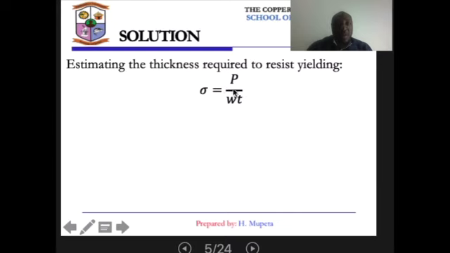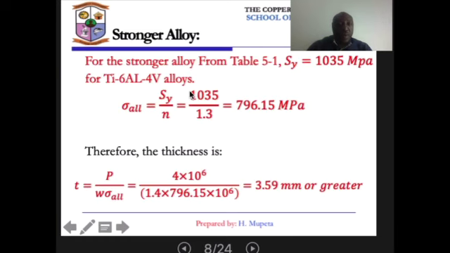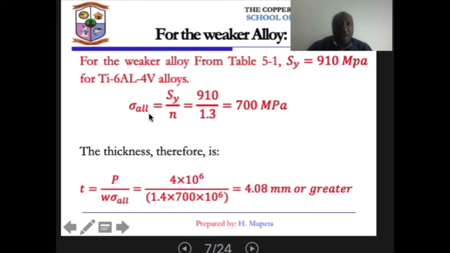So now, making thickness the subject of the formula, we can get the thickness as the force P divided by the width multiplied by the stress. The stress that we have here is 700 megapascal.